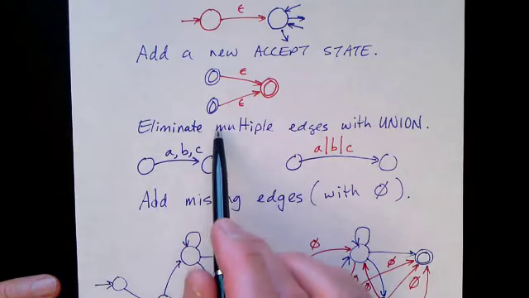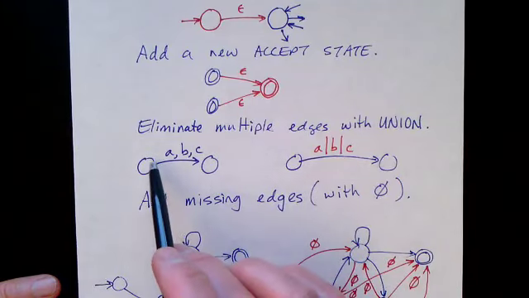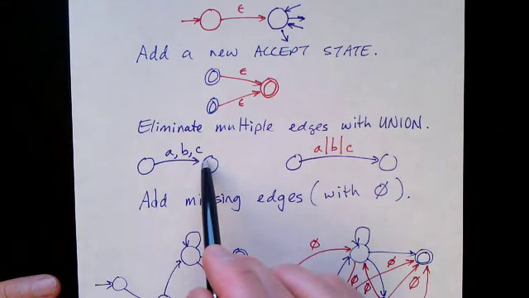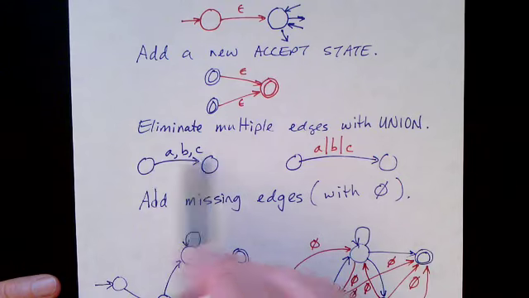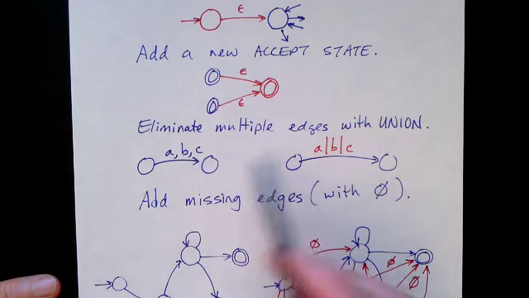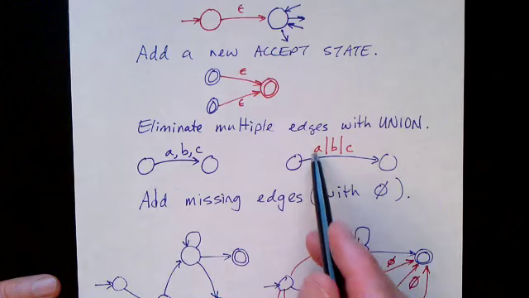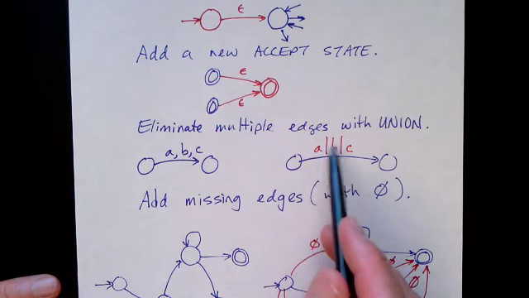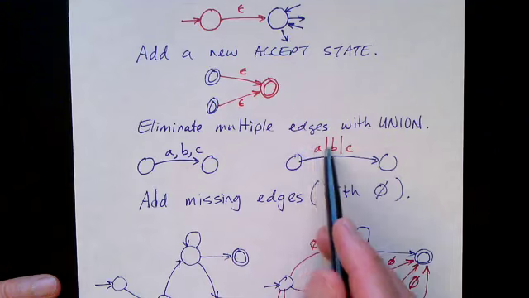Next, we will consider every pair of nodes that has more than one edge connecting them, and we'll change those into a single edge, and we will create a regular expression that is just the union of all of the different symbols.